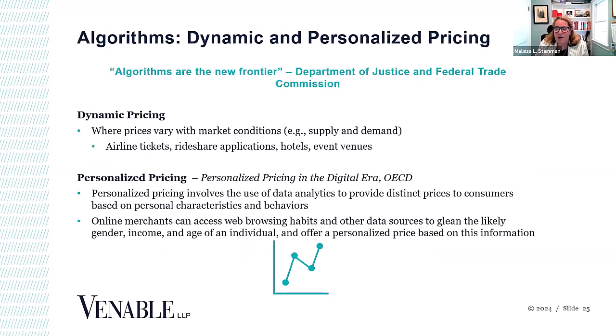So, next slide. Some of the issues that come up here with the idea of personalized pricing. The OECD, which is an international group, has put out a paper on it, personalized pricing in the digital era.